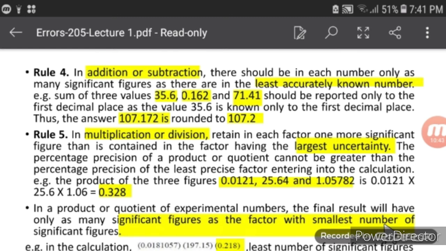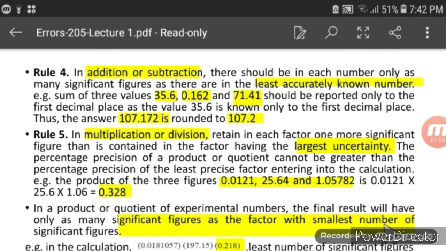When values are summed up, there is a rule for the significant figures of the answer. We look at the three values, and the least accurately known number must match our answer, in simple words.